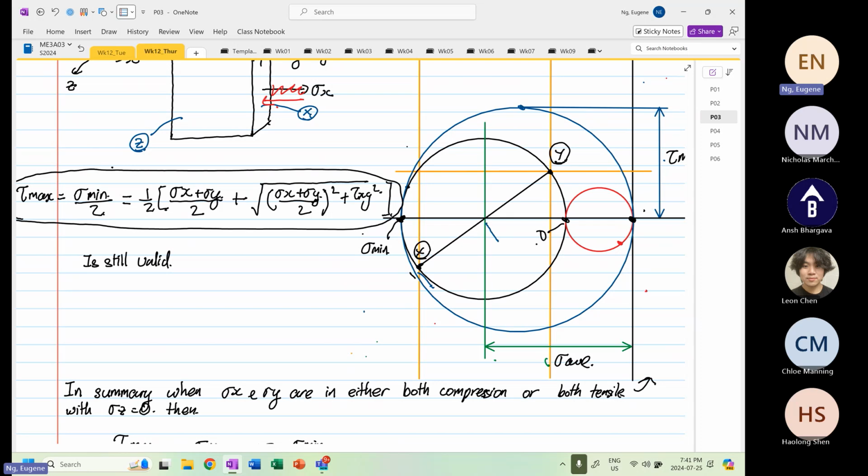Now, in Tresca, you can also see another form.